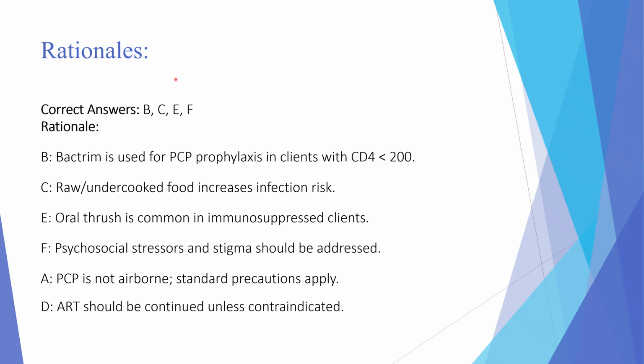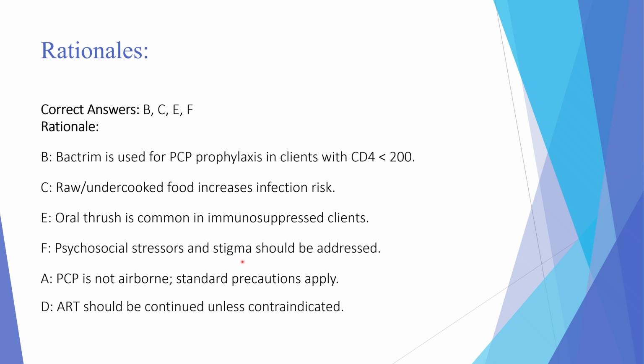So here is the rationale. Bactrim is used for these clients. The raw uncooked food increases infection risk. Oral thrush is common in immunosuppressed clients.